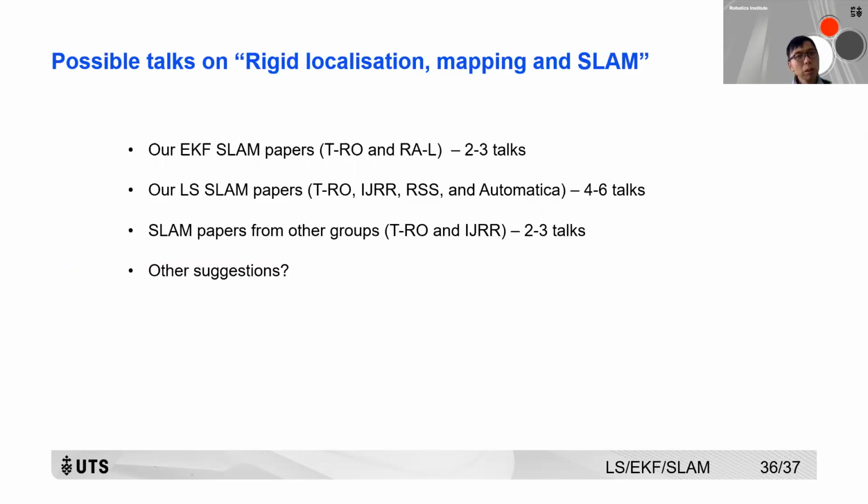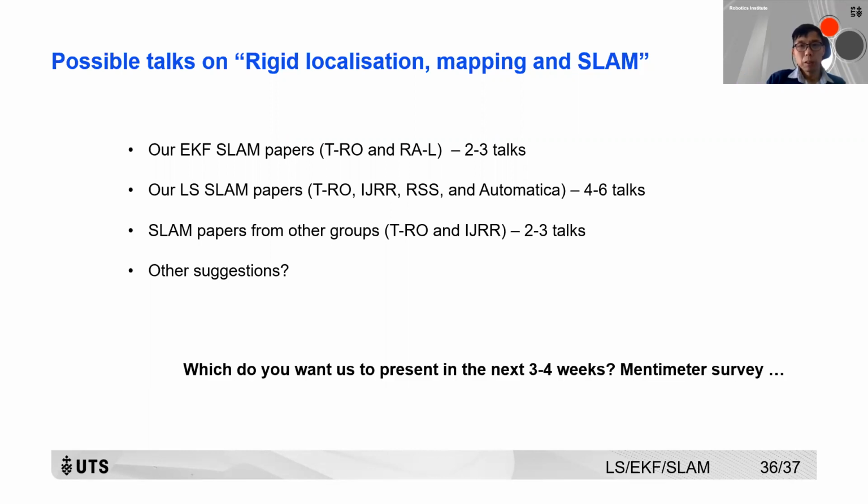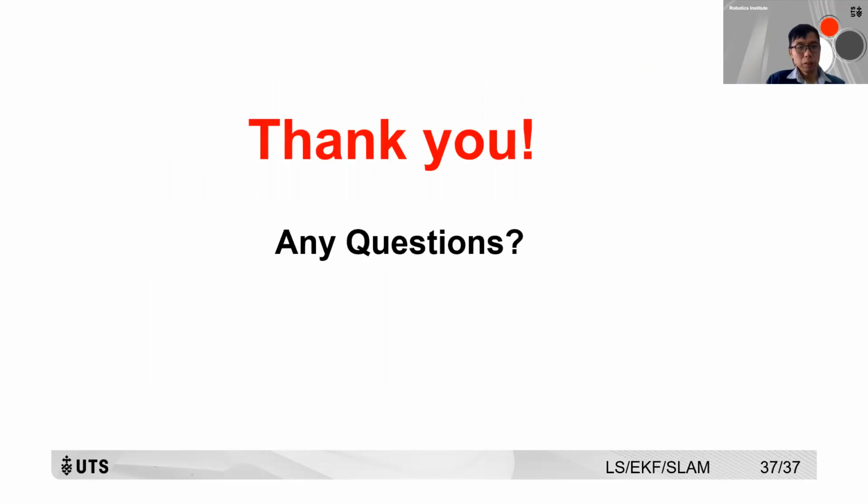And we can also talk about SLAM papers from other groups, but we would only talk about papers published in leading journals. And maybe others, because I don't know exactly what you want to listen to. It will be good if you can give me any suggestions on that. So I will probably do a survey there.